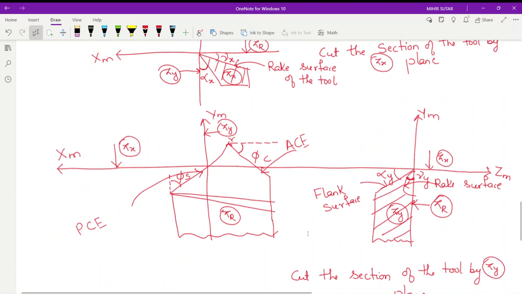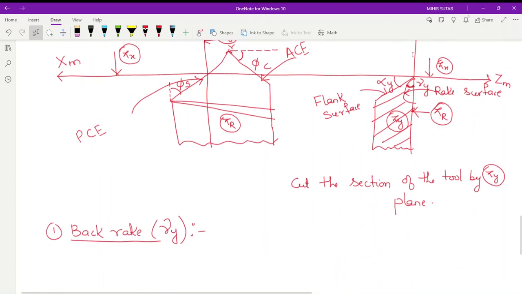So now I think you can define what back rake is. Let's go to the figure. Gamma y. What is back rake? It is the angle of inclination of the rake surface of the tool from the reference plane. You can see, what is this plane? This plane is the reference plane.